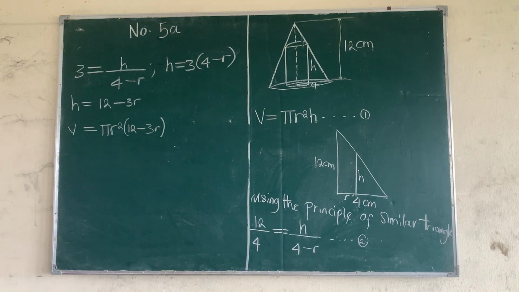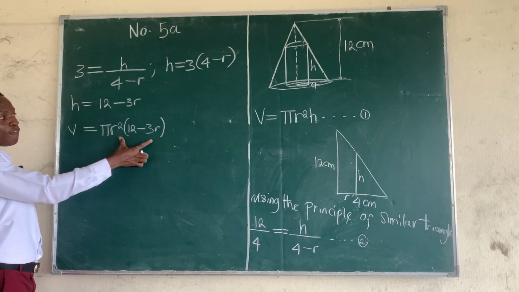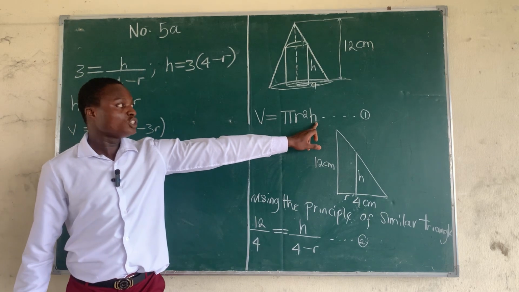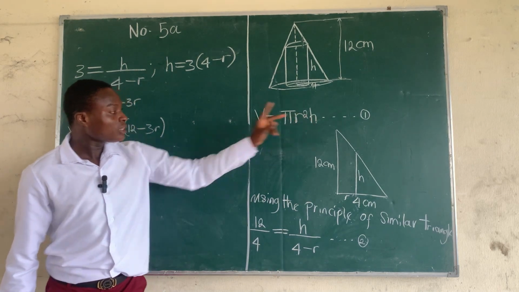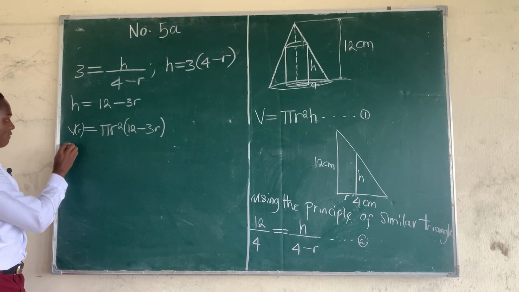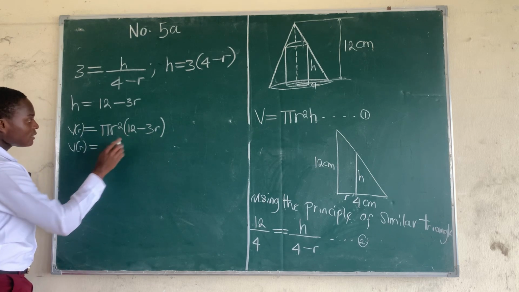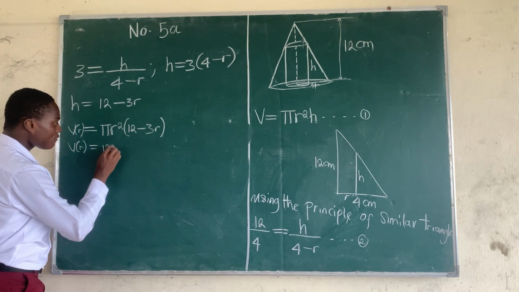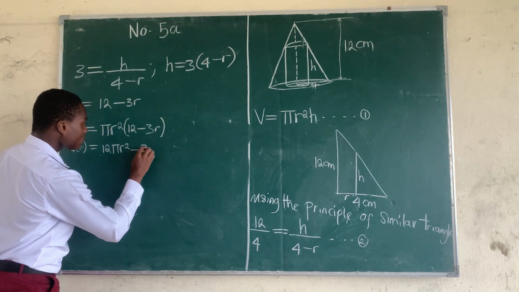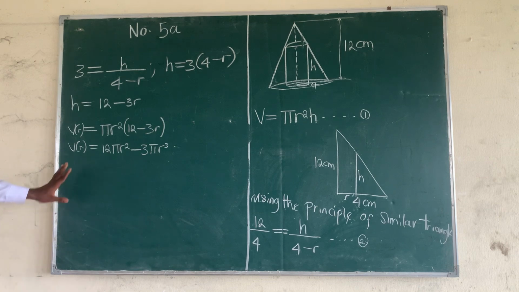Now, if you take note, the volume now becomes a function of R. Initially, the volume was a function of R and H. Because we express H in terms of R, the volume becomes a function of R. So we have V of R equal to, multiply this out, 12 pi r square minus 3 pi r cube.